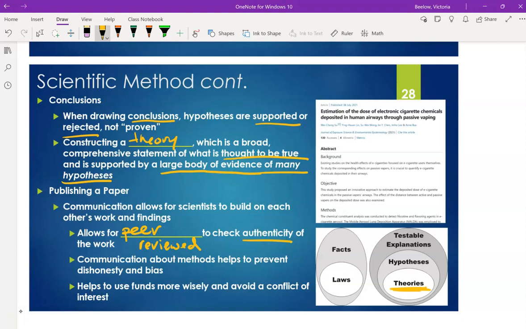Because again, it's possible scientists could do an experiment and it could be biased. So it's important that other people are testing the hypothesis and doing the same experiment as well. It helps us to determine, of course, where money ultimately can go, and to avoid conflict, to solve problems, because we don't want to be putting information out there that is not true.